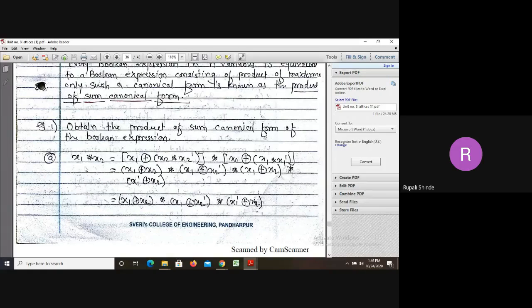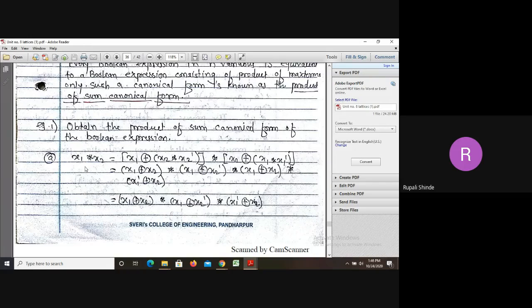For the next 0, the values of x1 and x2 are 0, 1, so the max term becomes x1 xor x2 complement. For the third 0, the values are 1 and 0, so we take the complement of x1: x1 complement xor x2. So we got three max terms.